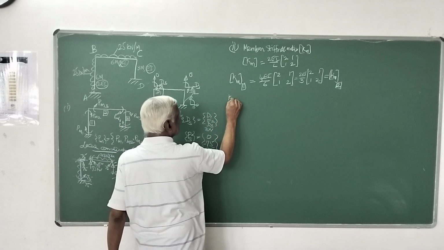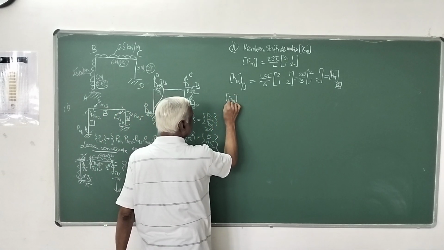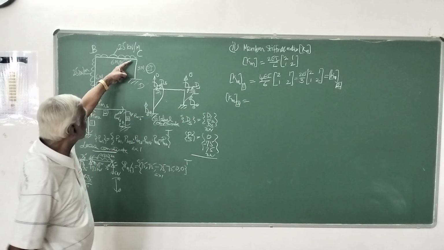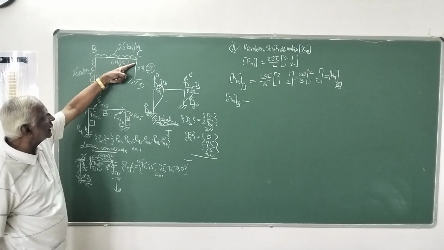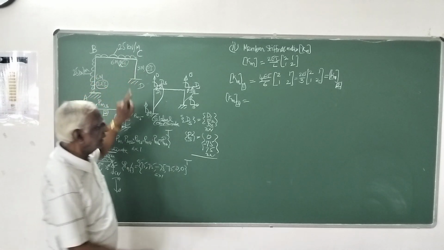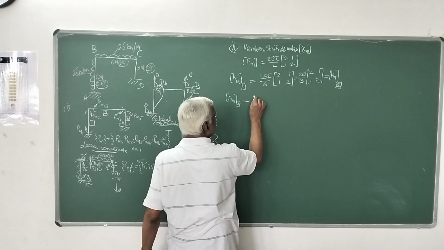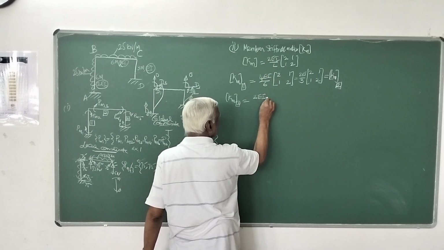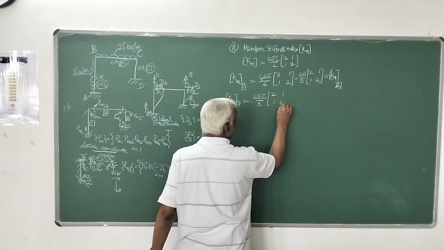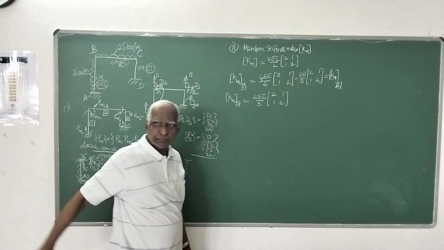Next, KM3, member 3. The stiffness matrix is, for this member 3, EI is EI, L is 3. So it is 2EI by 3 times [2, 1; 1, 2]. That's all.